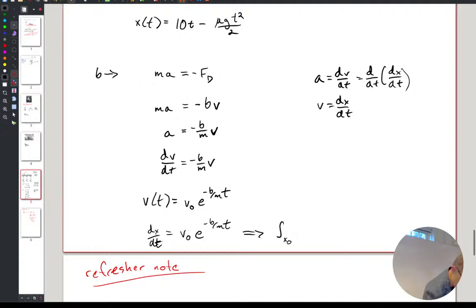Integral from x0 to x of dx equals integral from 0 to t of v0 e to the negative b over m t dt, where I took that dx/dt and multiplied the dt by both sides. Now I've got x of t is some kind of e to the negative b over m t function.